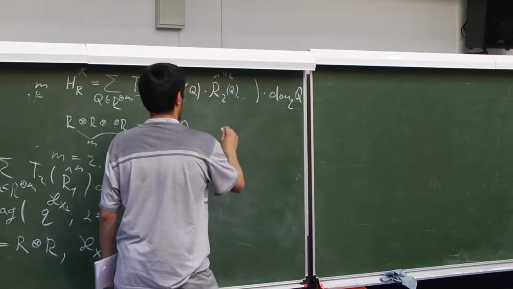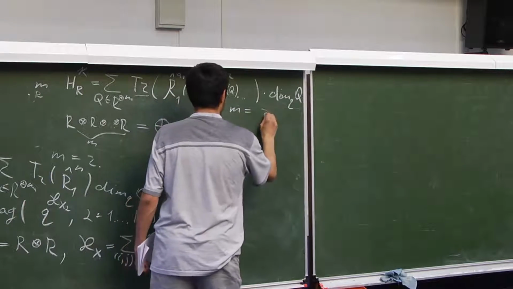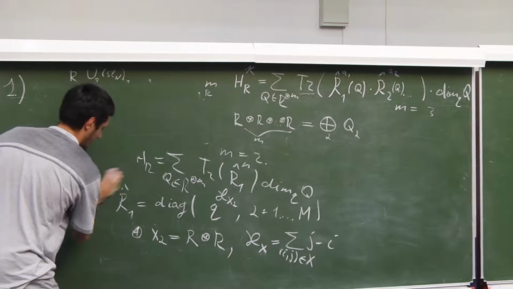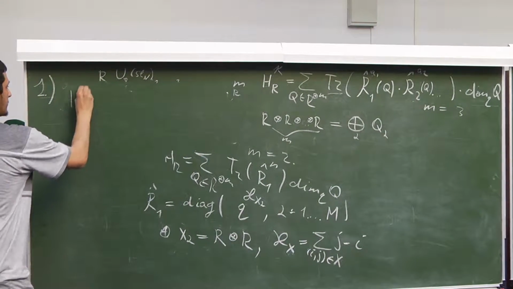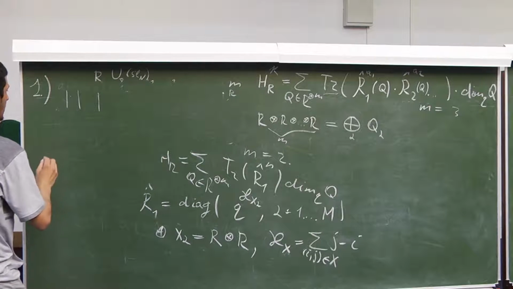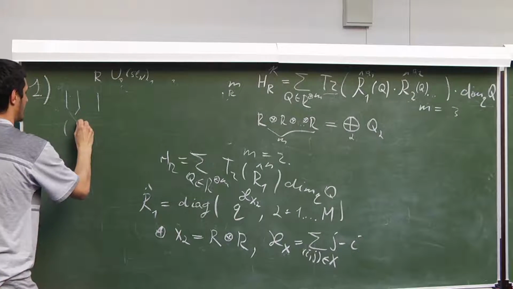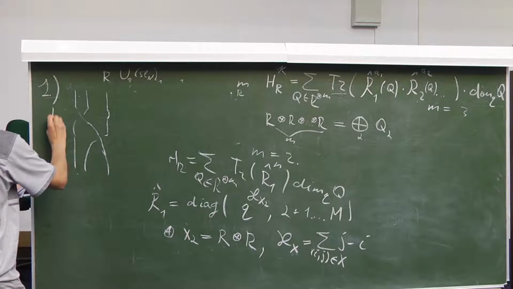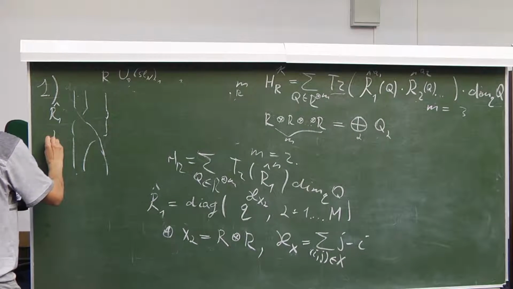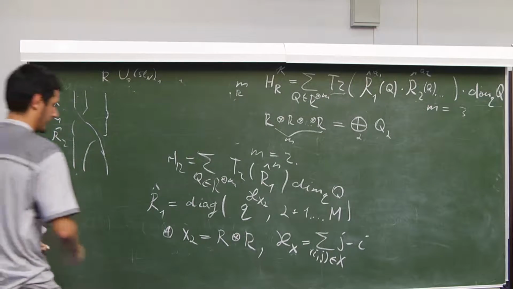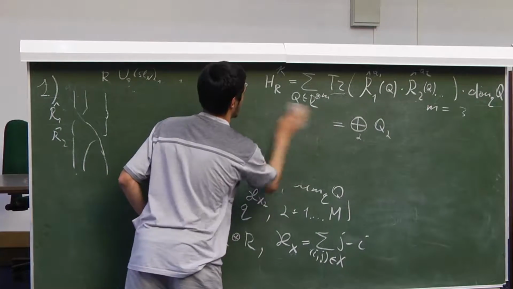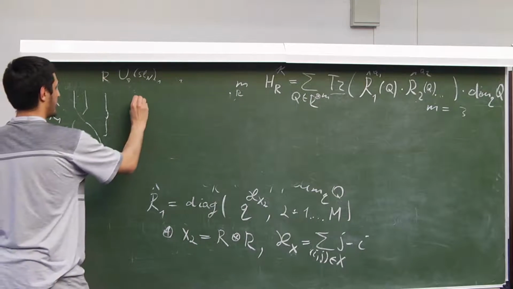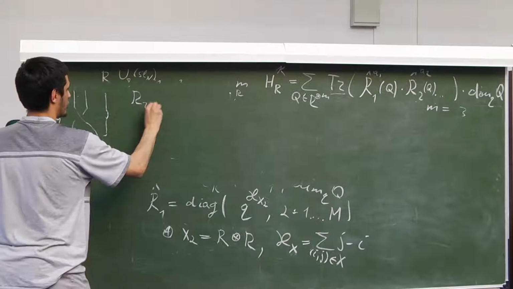Okay, let's consider the case when n equals 3. Now I will have 3 strands, and now I will have one more R matrix, R2.